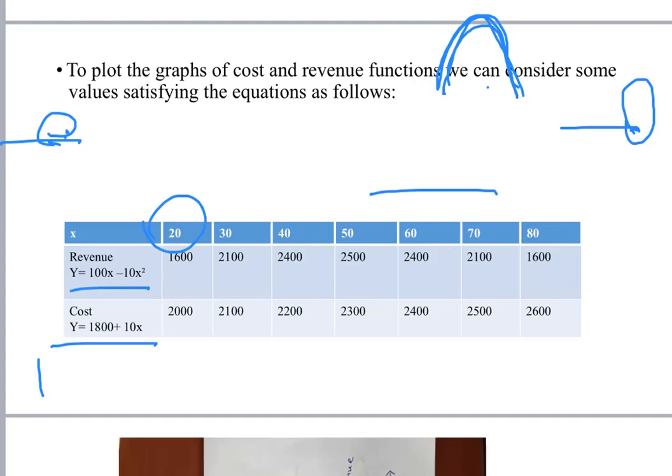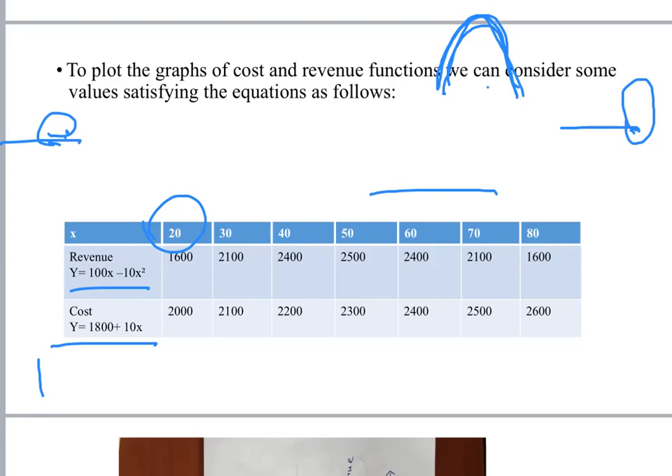So I need to multiply 20 by 20, that becomes 400. Then 400 I need to multiply by 10, so that means 4,000 deducted from 100x. 100x means 20 multiplied by 100, that means 2,000.